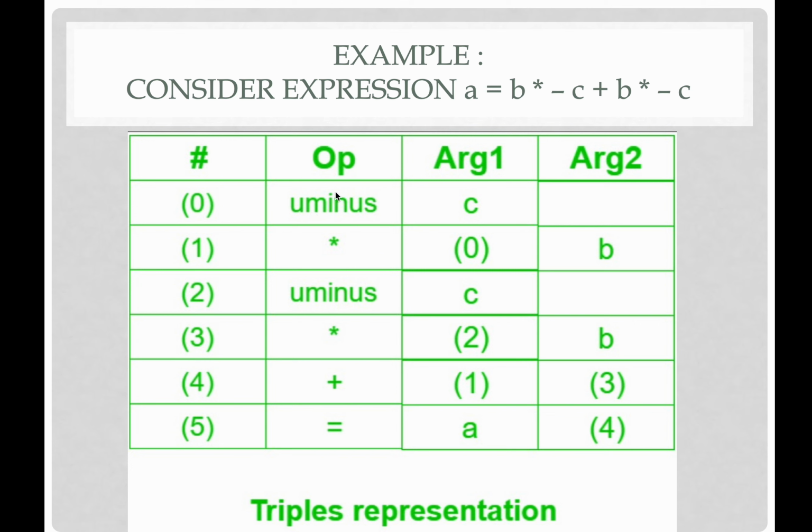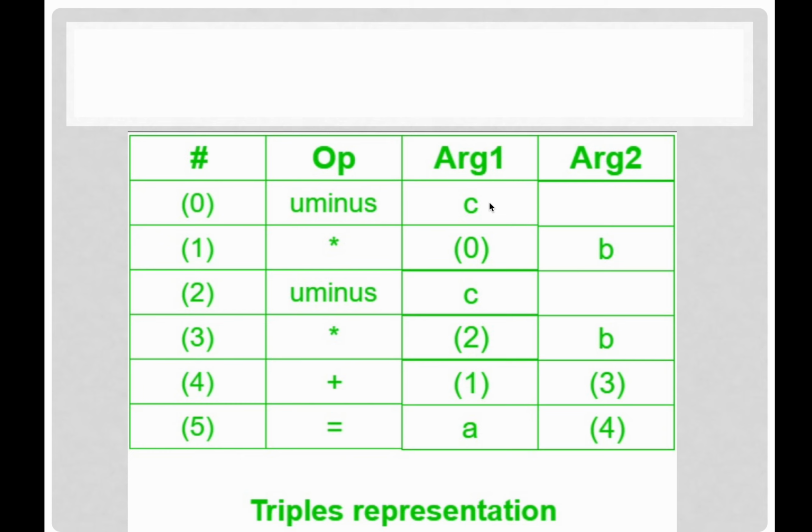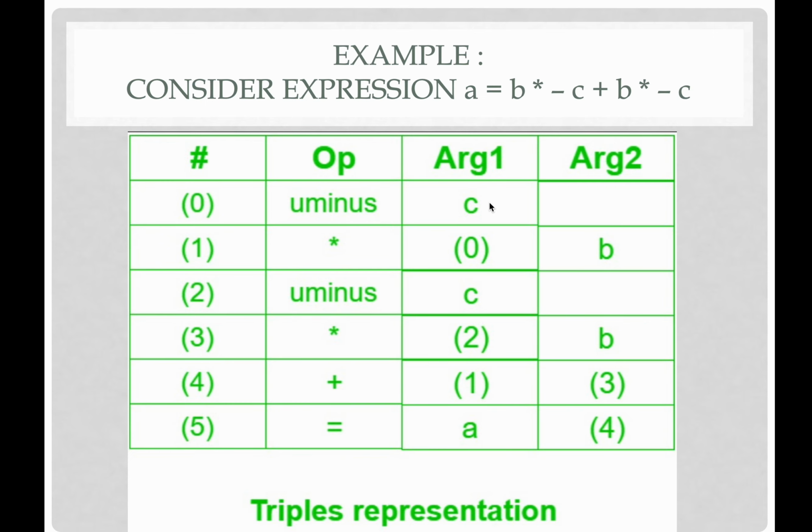So u minus of c will be the first step of the three address code, and the result of u minus of c will be stored in the first column of the triples representation, that means 0.